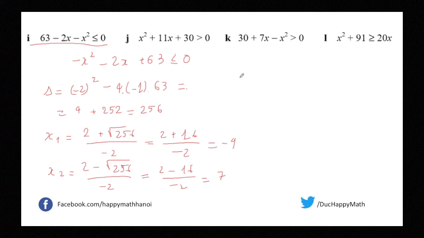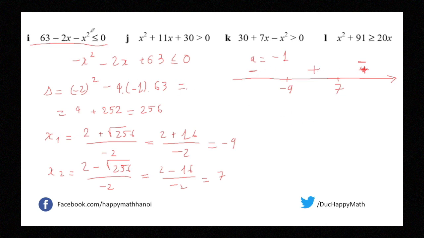Okay, so on the x-axis, minus 9 here and 7 here, because 7 is greater than minus 9. The value of a is minus 1, negative. So negative first, and the middle interval will be positive.